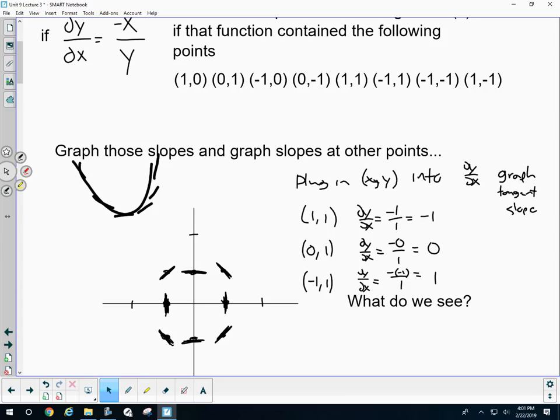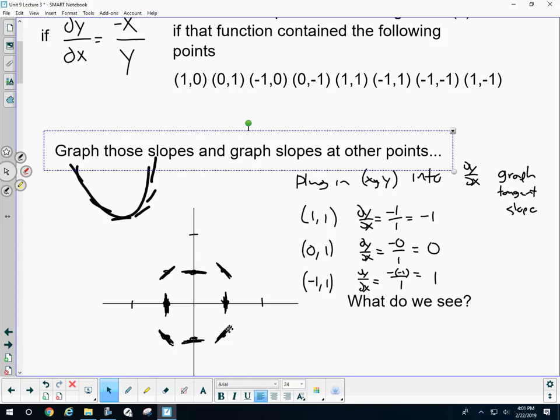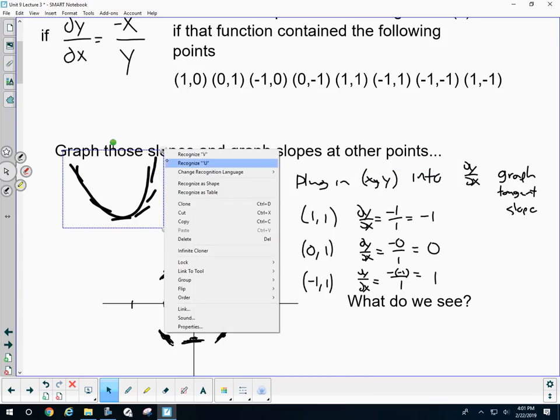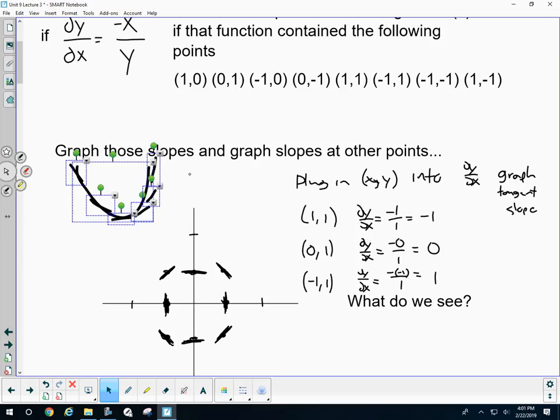So it's almost like what we're doing is we're starting with the slopes. And then from the slopes, it's like, oh, it's got to be something. It's got to have a shape like this. My solution must be some sort of parabola.